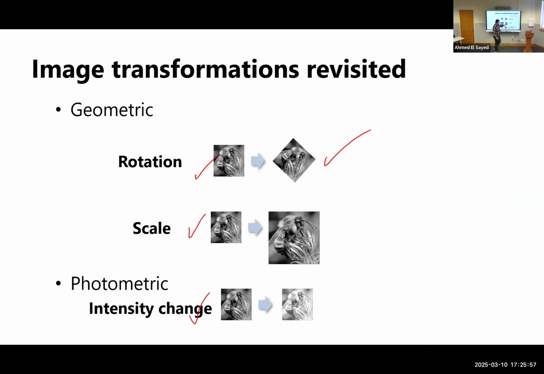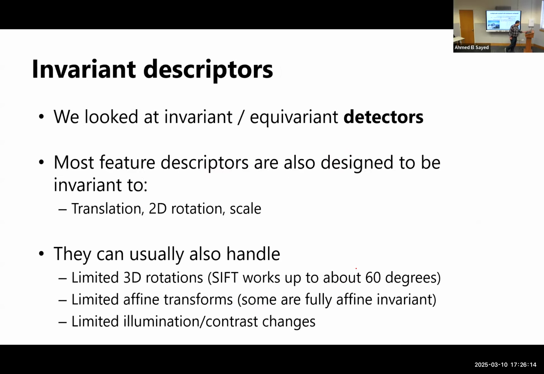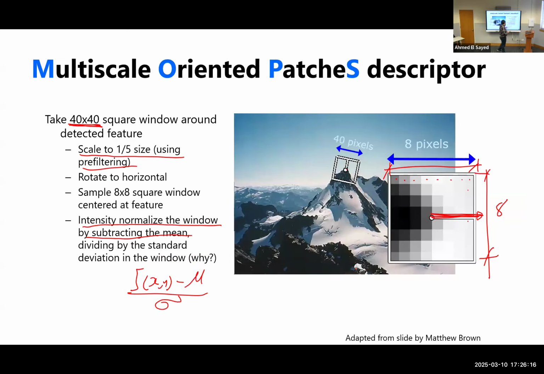Putting it down to a standard 40 by 40 and scaling it down to 1/5 to be against scale. Finally, normalization to be against the intensity. So if I normalize it within the block size, it will be robust against any intensity change. So if it's dark or light, it doesn't matter. I'm normalizing it against the mean and the variance.